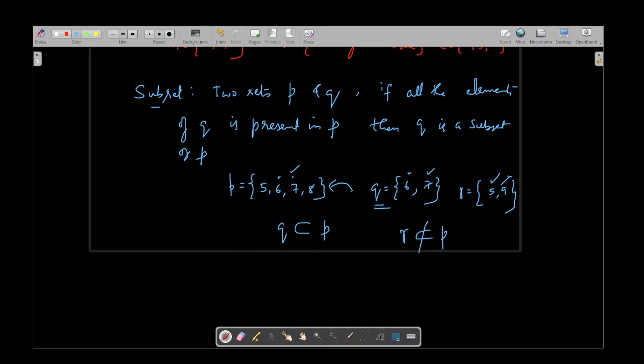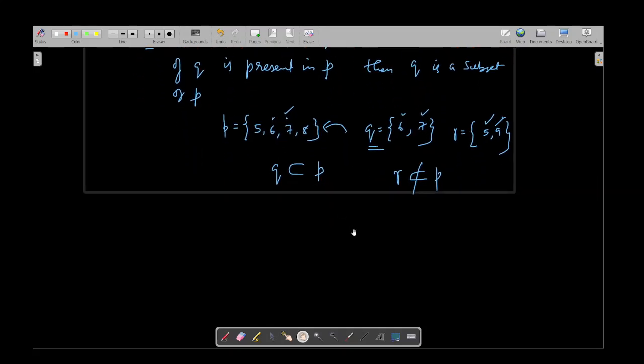Another topic that I want to discuss here is the Cartesian product, because this helps us develop the definition for relations.